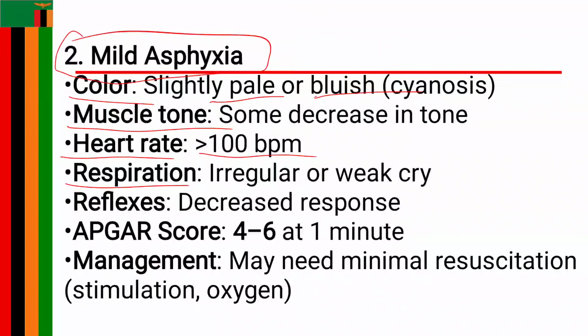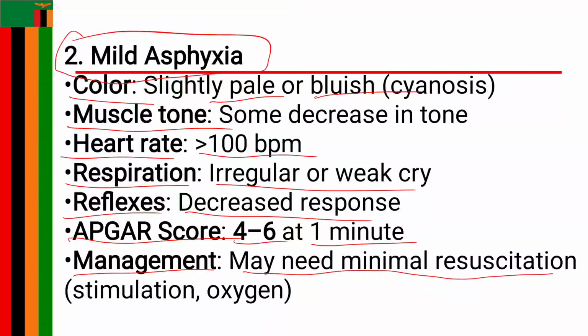Respirations, the baby has irregular or a weak cry. Reflexes, there is a decreased response. APGAR score is between 4 to 6 at 1 minute. Then in terms of management, the baby may need minimal resuscitation and stimulation or oxygen supplements as well.